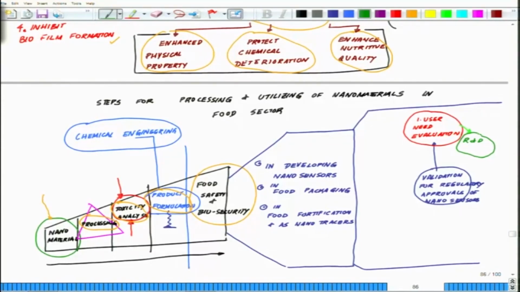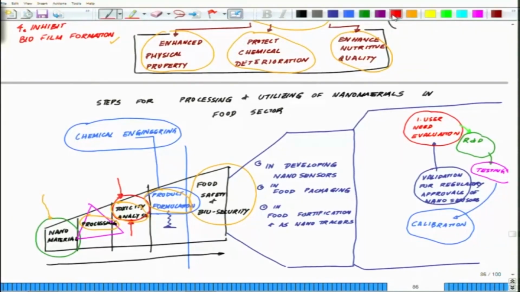The third one is the testing part. Whether animal trial, human trial, and what level of usage we are talking about. Next part is the calibration. Post testing, at what quantity you wanted to inject or you wanted to introduce it in the food chain.